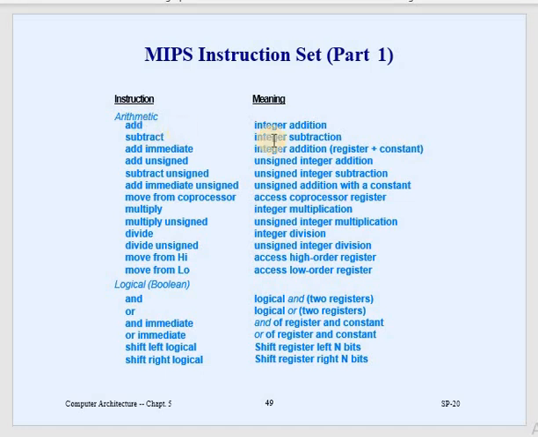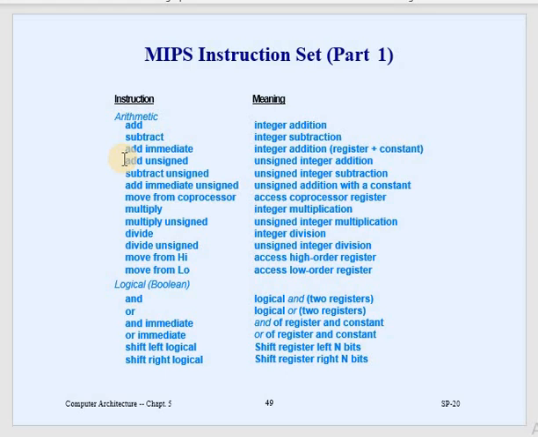The first one is add, and the meaning of this instruction is integer addition, that two integer values can be added, and for the two integer values addition, we can call this command by simply giving the keyword add. Subtract, similarly, is integer subtraction.